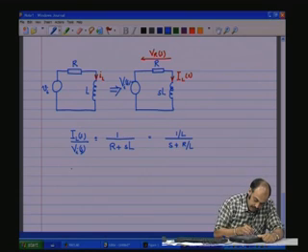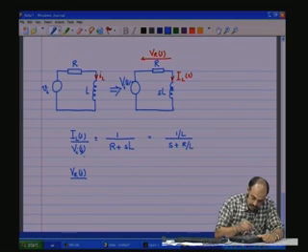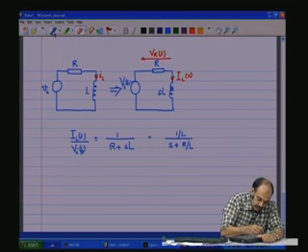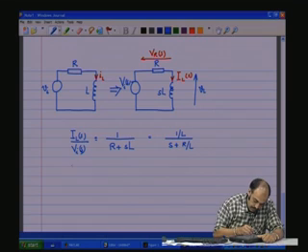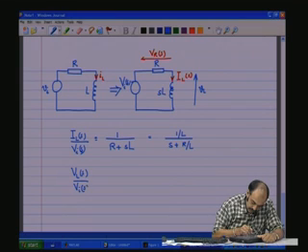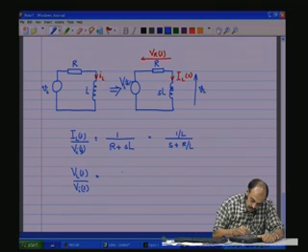Now, if you want to get the voltage across R, we will not do that. Let us take the voltage across the inductance VL, because we want to see a 0. So, what is VLS by VIS? Now, that is equal to SL divided by R plus SL.